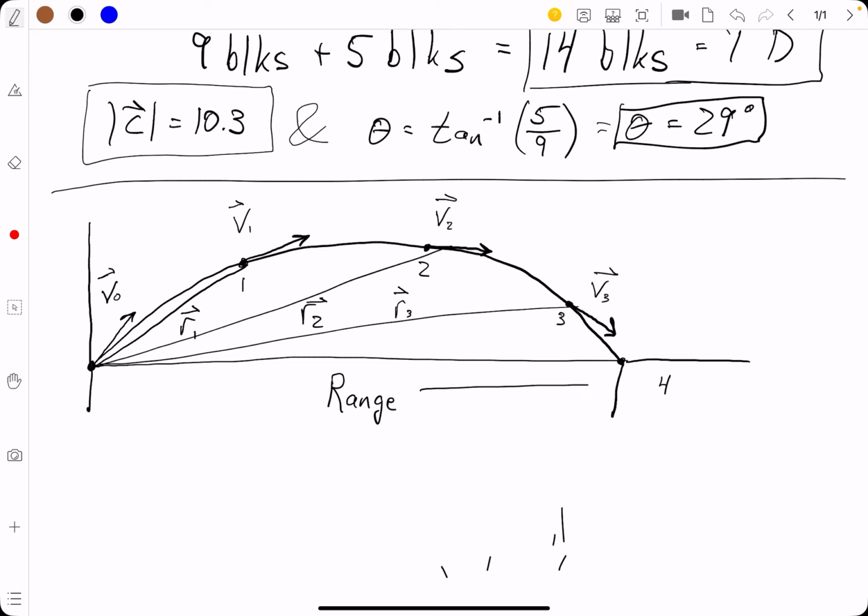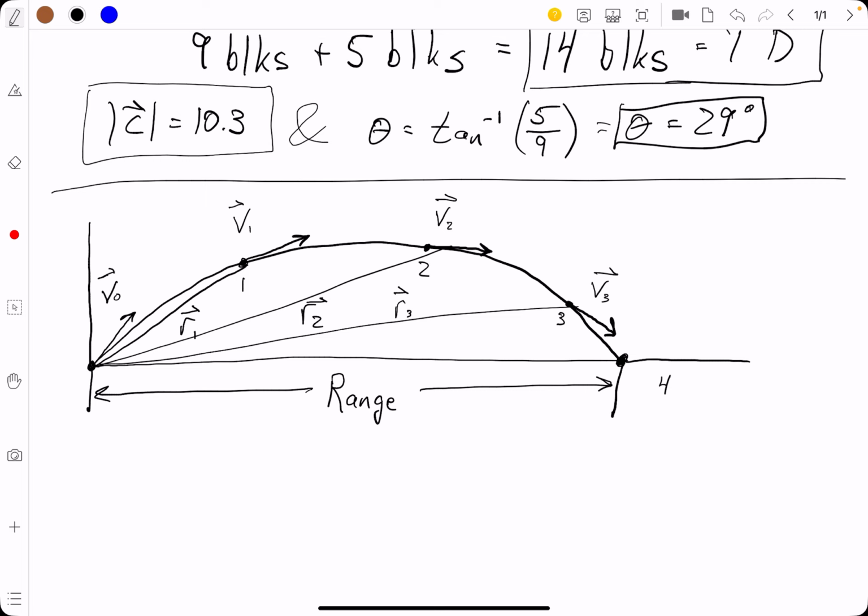It's the distance when it comes back down at the final point, at the exact equal height that it took off at. When you find that distance, that is what we call your range.